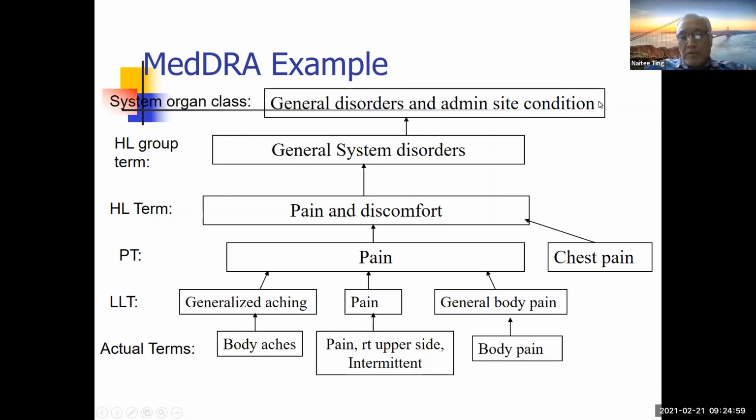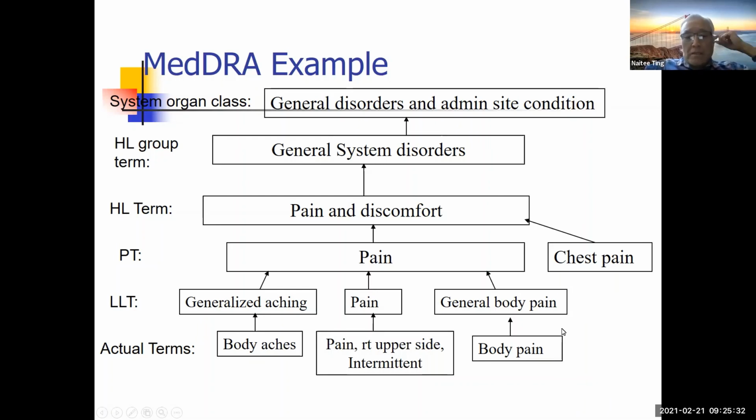So when you report this AE, you report at the PT level, pain, under this SOC. Now another patient reported pain, upper right side, intermittent. So you map that into pain and map it up. Or the patient reported body pain, it maps up that way. Or another patient reported chest pain, that's the actual term that maps into it.